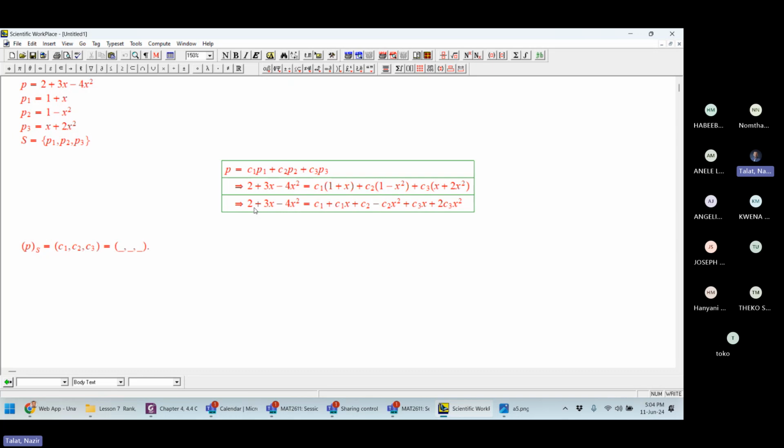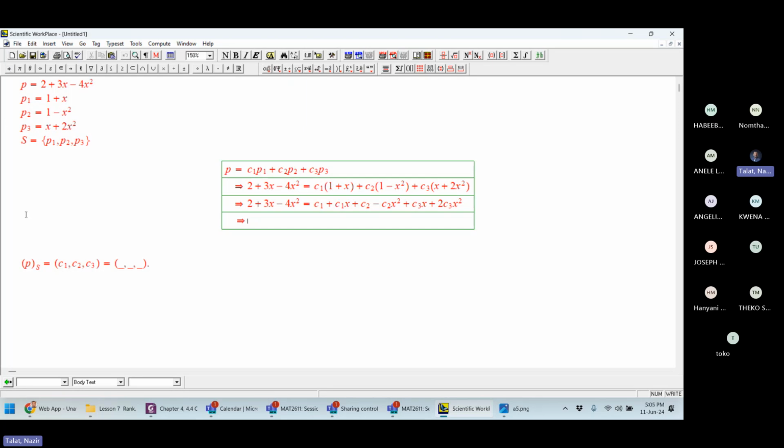On the left side we have the number without x, the number with x, and the number with x square. On the right side we have some constants with x and x square entries, so we want to compare the coefficients.